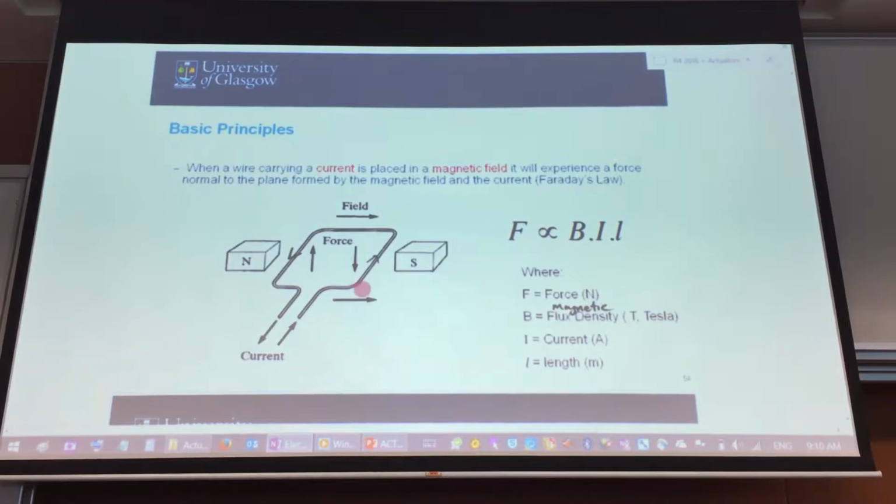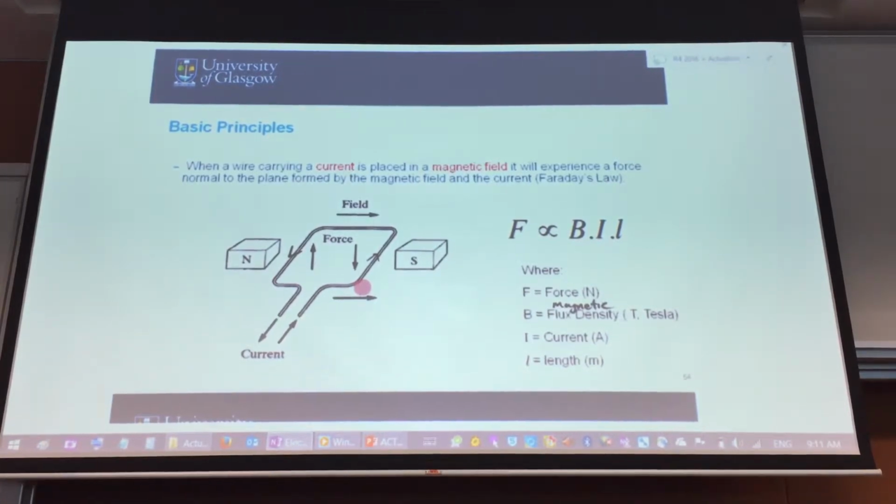So the higher the amount of current that you supply, the higher the amount of force. So if you want to design a motor, you need to have strong magnets. And after you have strong magnets, you need to supply electricity, so a high amount of current. So you get a lot of force.